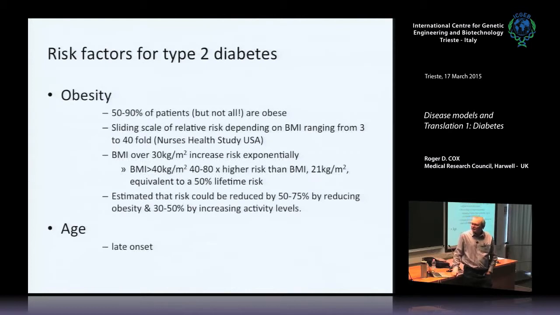BMIs over 30 are a particular risk, so your risk increases exponentially once you reach this point. And it's estimated that the risk of developing diabetes could be substantially reduced by increasing activity levels. So if you can increase activity levels in the population, you'll see a drop in diabetes. As I've already said, age is a risk.